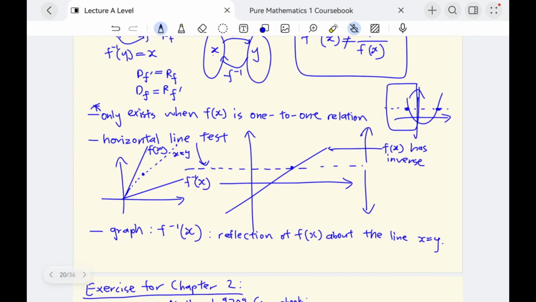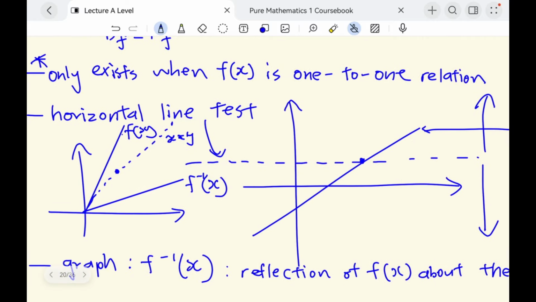So how is the horizontal line test carried out? Just draw a horizontal line, but make sure this horizontal line only cuts one point of the graph of the function. That illustrates that this graph is a one-to-one relationship.